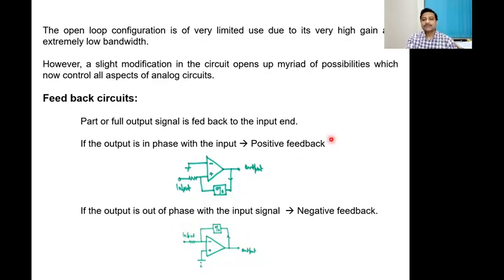Right? So these are the two feedback configurations, and the different utilities or different circuits can be made by suitably choosing this black box, which represents what fraction and in which way it is connected back to the input terminal.